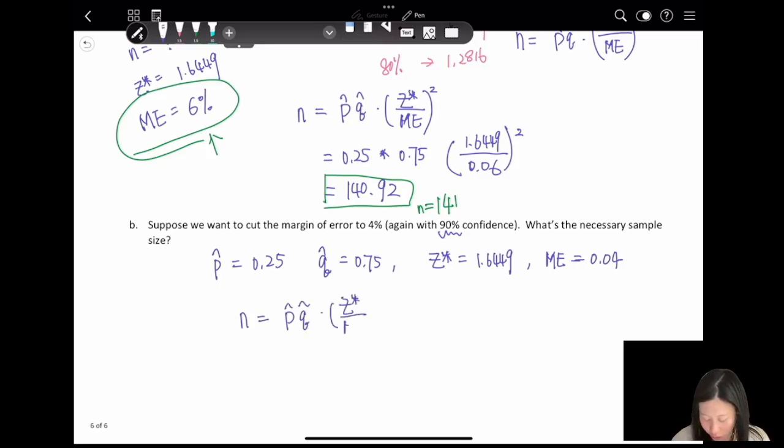We plug the numbers in: 0.25 times 0.75 times 1.6449 over 0.04, squared. Again, let's use the Google calculator.